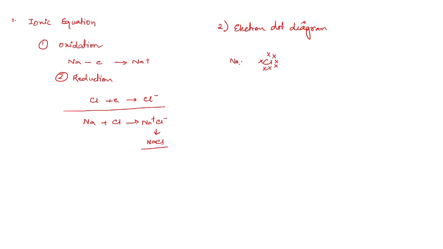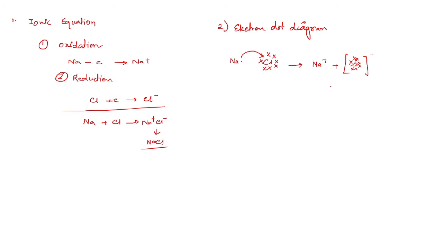Now you see this electron will be transferred to chlorine. So after the electron is transferred, sodium will become sodium plus and chlorine will gain that electron to form an octet.